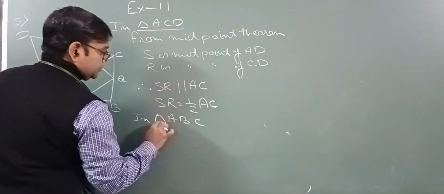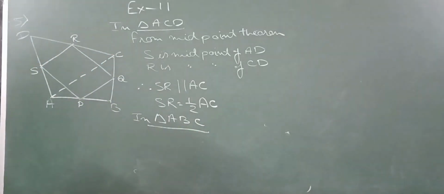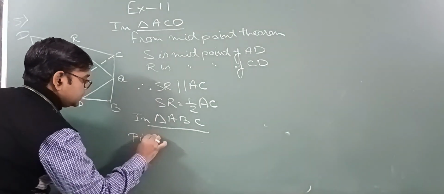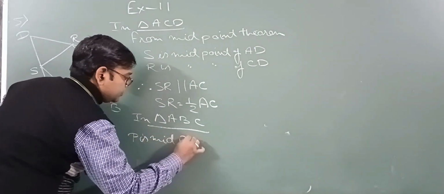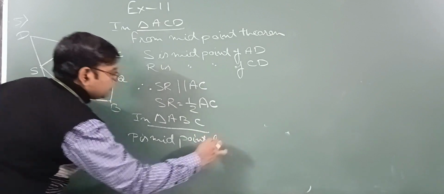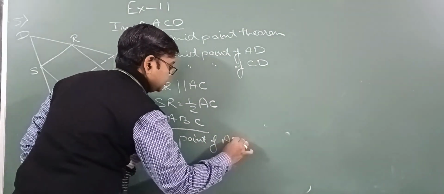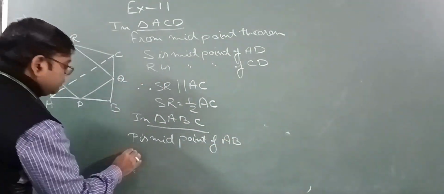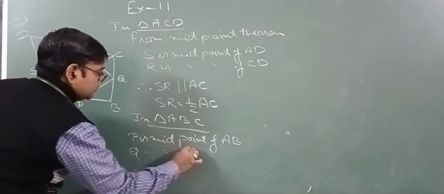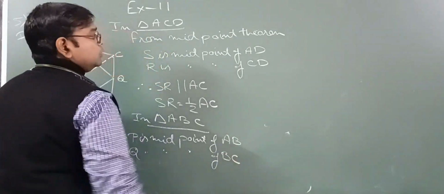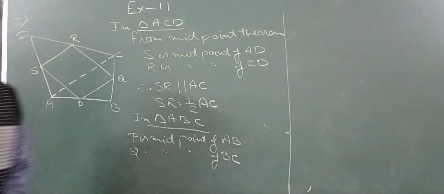We can give the heading. In triangle ABC, we can say that P is a midpoint of AB and Q is a midpoint of BC, that we know.